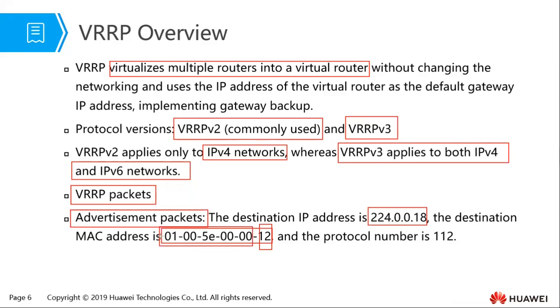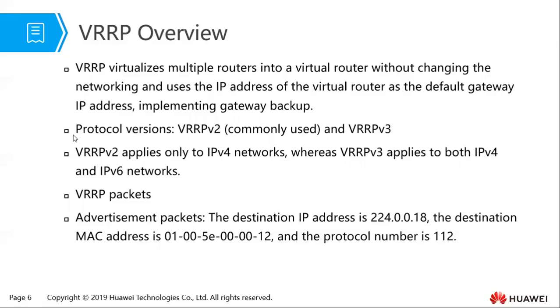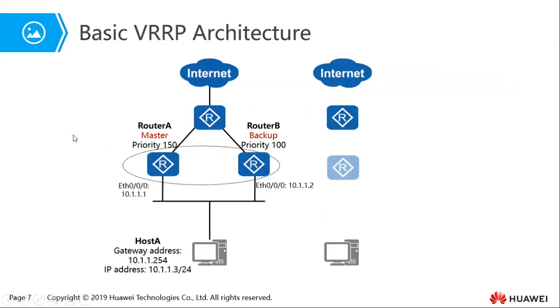Generally, these ones are going to remain like that, but this one is going to be taken from the VRRP group ID. Now it uses the protocol number 112. So on the type field, it uses 112.